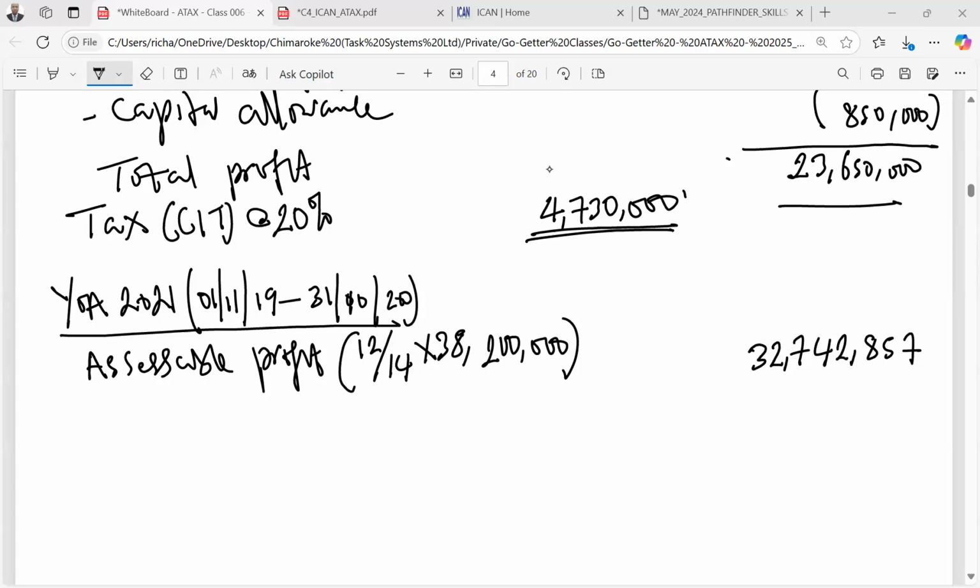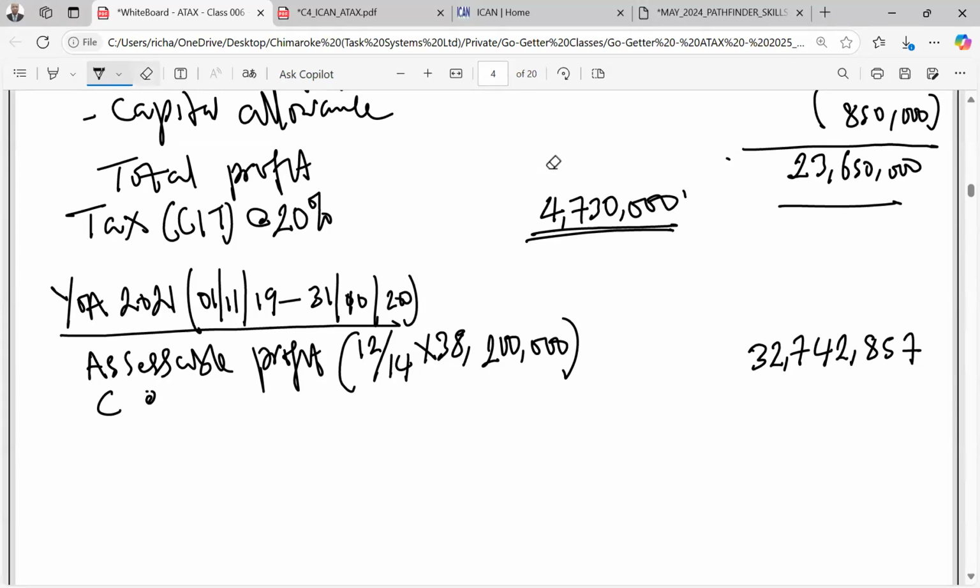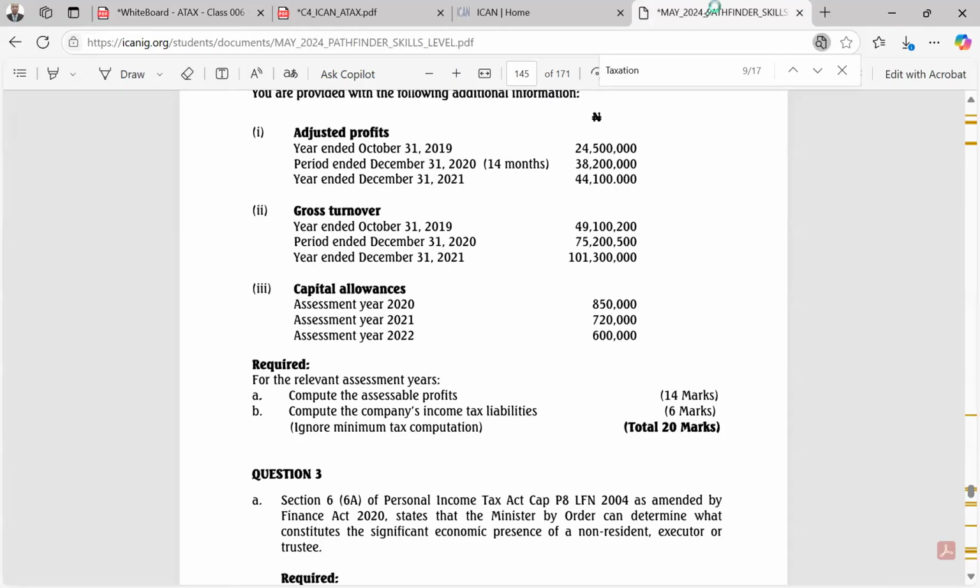Then we have your capital allowance. Capital allowance was given to us here, 720.